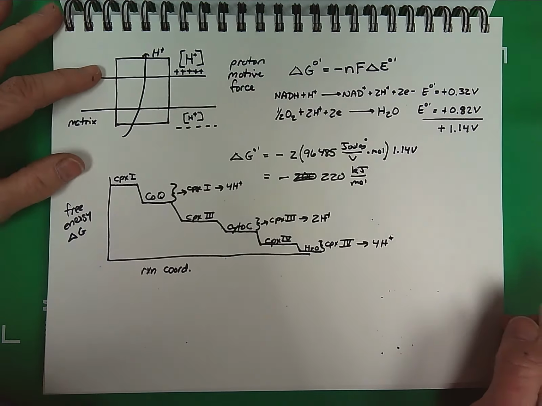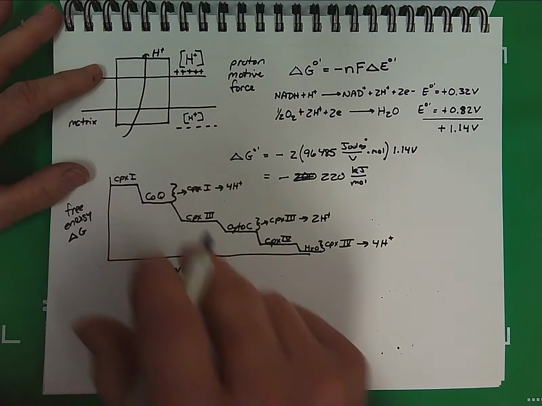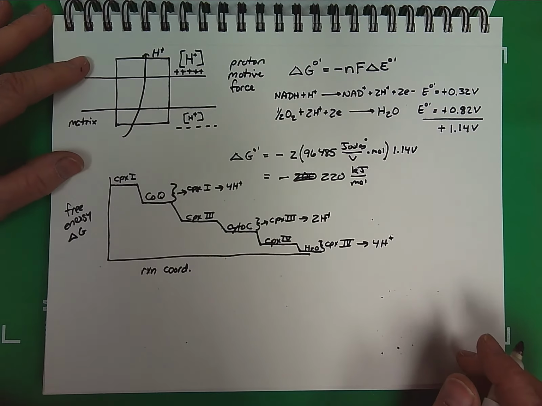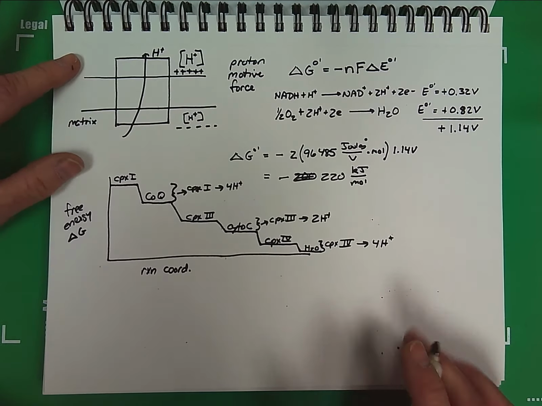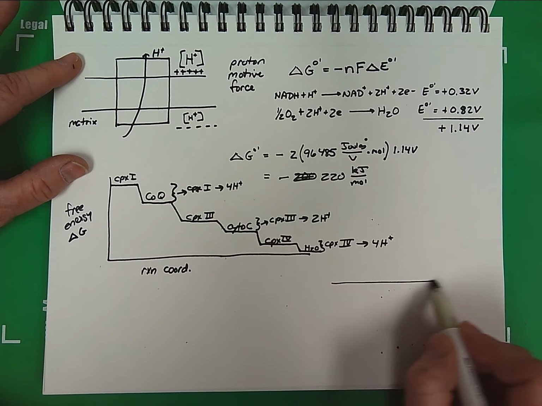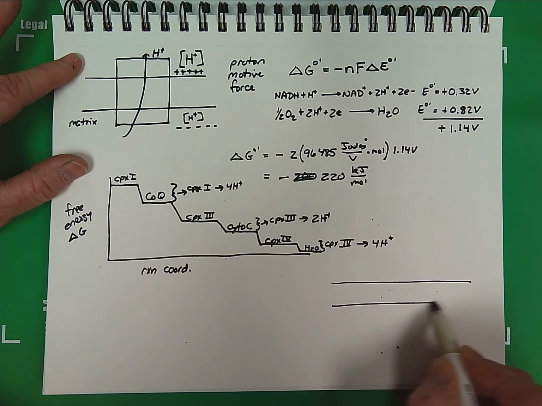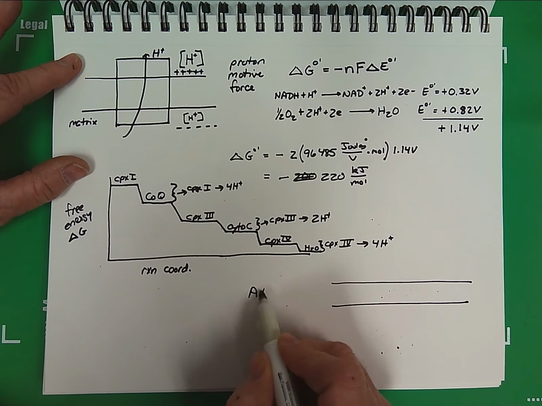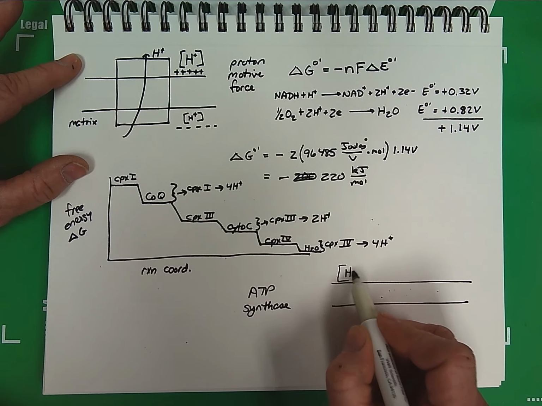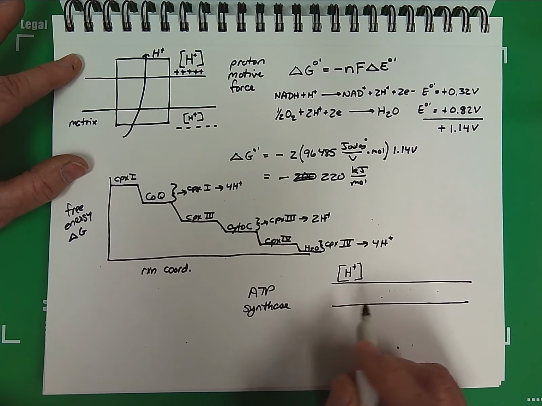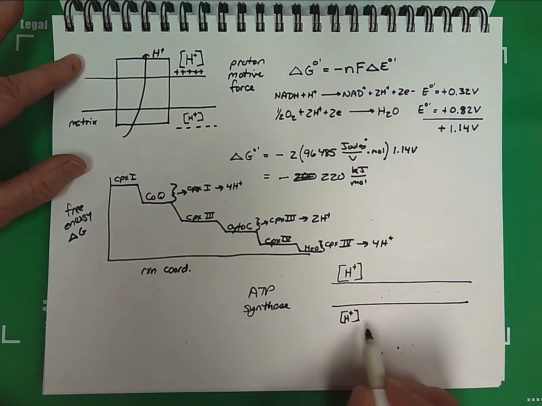Now ultimately, once we form our proton gradient, our electrochemical gradient, we are going to want to dissipate this gradient now that we've established it. And again, this is our ATP synthase complex. So recall we have a very high concentration of protons in the intermembrane space. We have a lower concentration in the matrix.